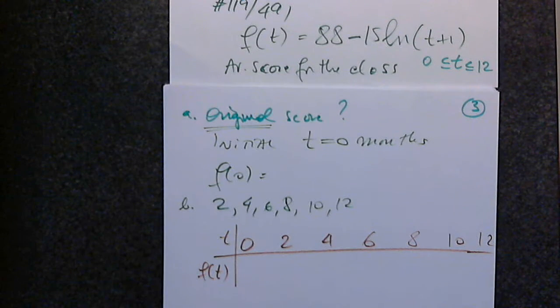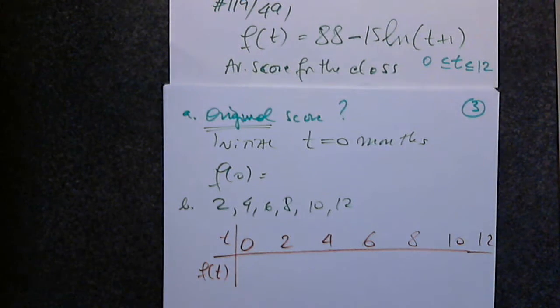I'm going to enter the function in the graphing calculator in y equals as 88 minus 15 natural log of t plus 1. There is no t in the calculator, I have to use x. So I enter the function as 88 minus 15 natural log of x plus 1. And now I will go to second table. Of course, I have to make the correction here. So second table, and I plug in the numbers I need: 0, 2, 4, 6, 8, 10, and 12.